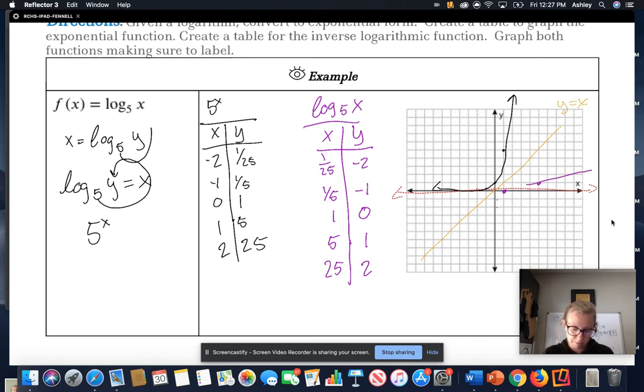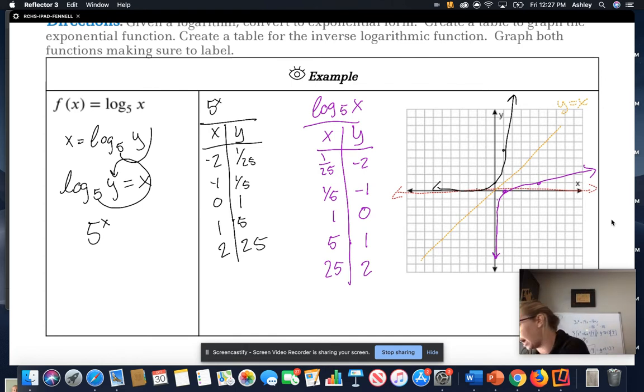Okay? All right, now, if you think about inverses, what we had was a horizontal asymptote, right? We had this horizontal asymptote here, and then we took the inverse. When you take the inverse, the asymptote is going to switch to a vertical asymptote. So now our logarithmic function has a vertical asymptote. Vertical asymptote.